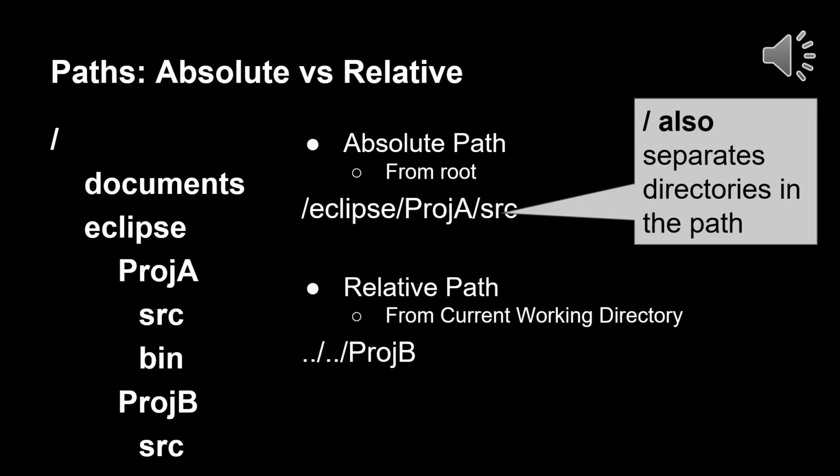And so the relative path example, depending on where we started from, Project B. So if we started from the Project A source folder, then .. would take us to the parent of the source folder, or Project A. And then if we went .. again, we'd go to Eclipse, and then from Eclipse go down into Project B. So the relative path shown in this slide is taking us from the Project A source folder to the Project B project folder.